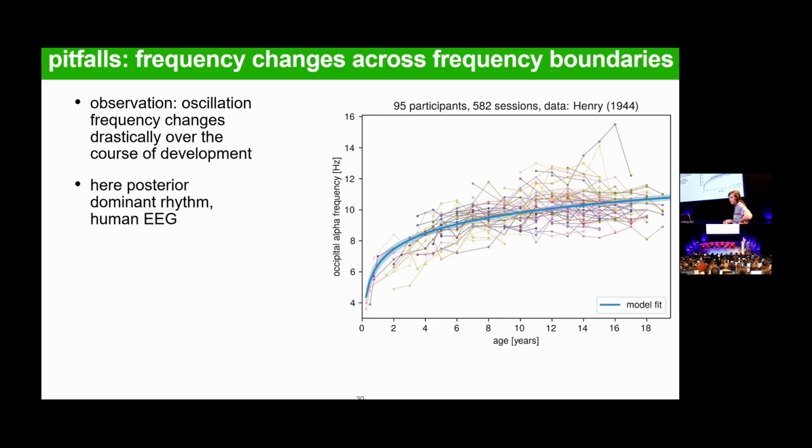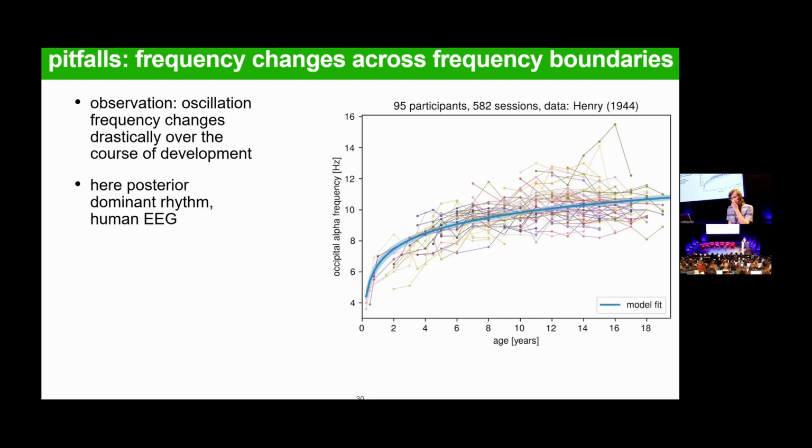What you can do is check the frequency of the rhythm that is most pronounced, which is the posterior dominant rhythm. And you can see that the frequency of this rhythm changes across development. It emerges at 4 hertz, and then it approaches this canonical 10 hertz that is very common in adults.